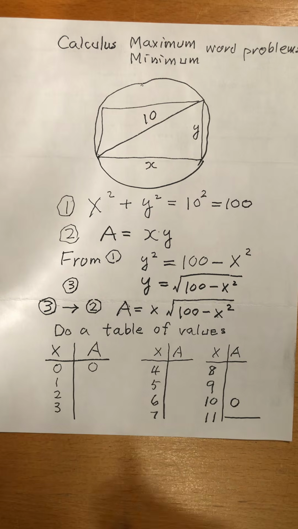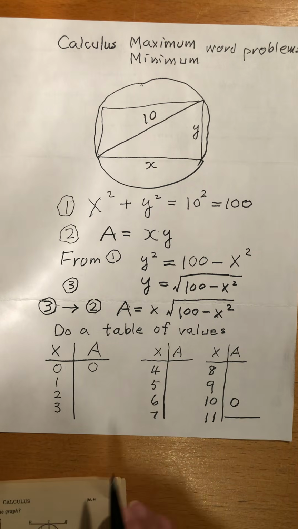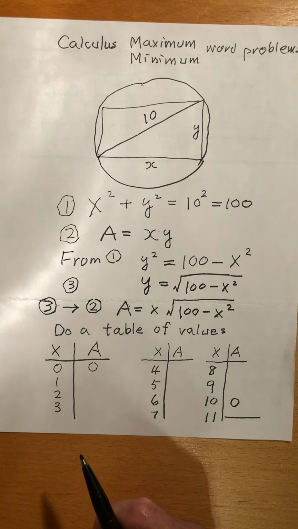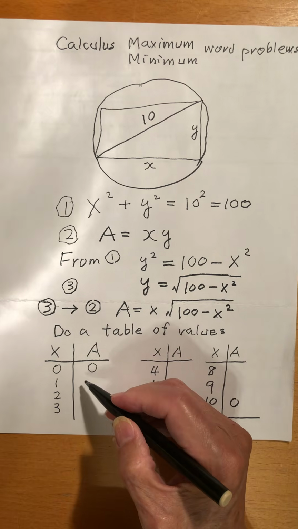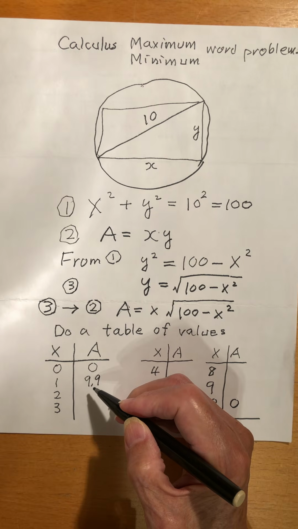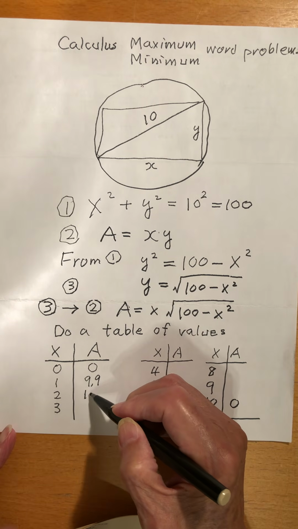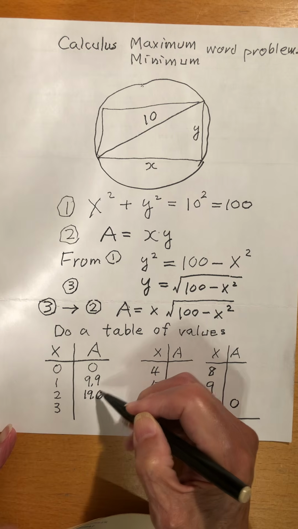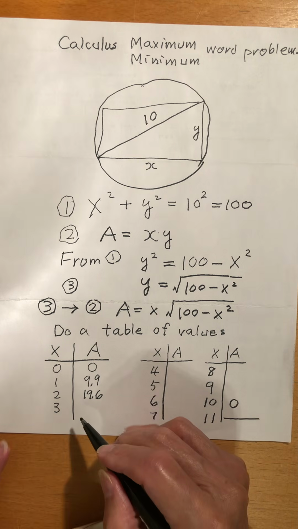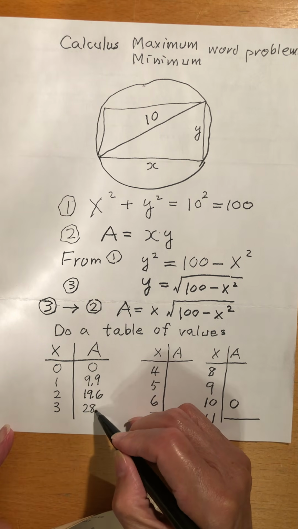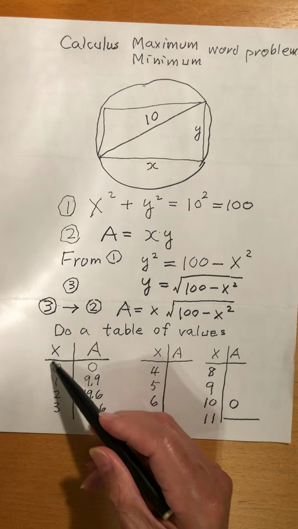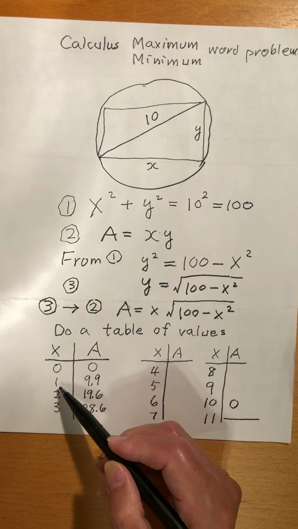And if you really put the numbers in and calculate area, I have the following table. This is already done, so I just put this down. You see the area becomes larger and larger as x increases from 0.